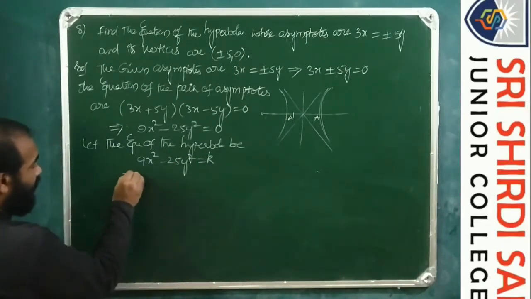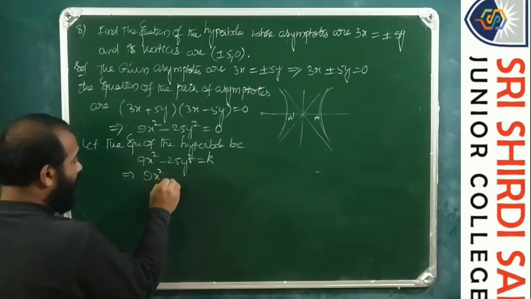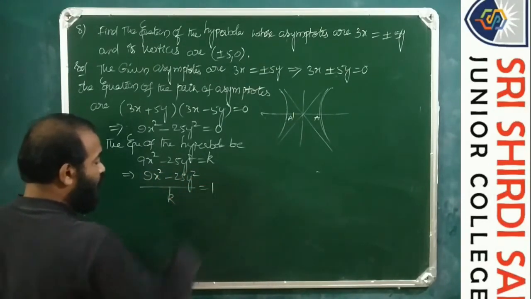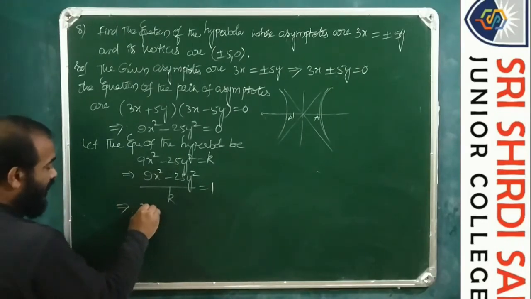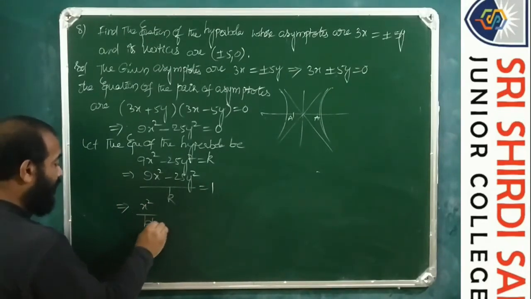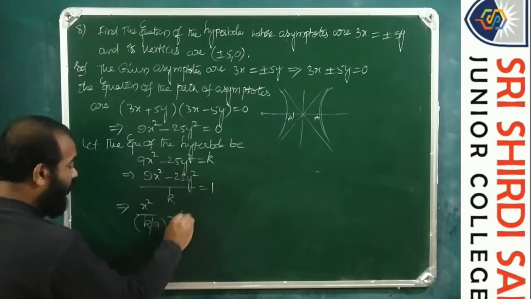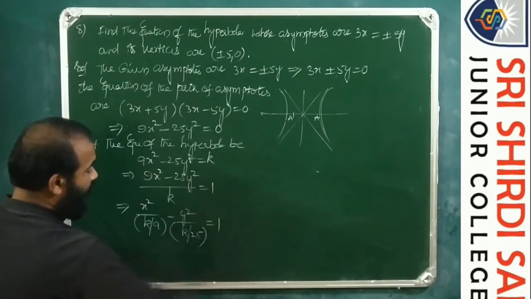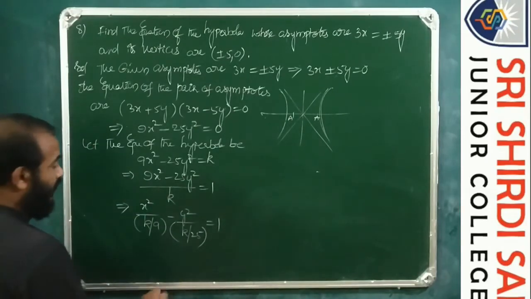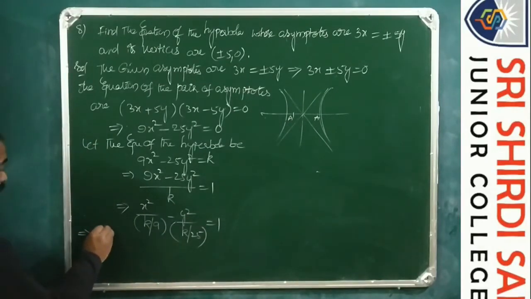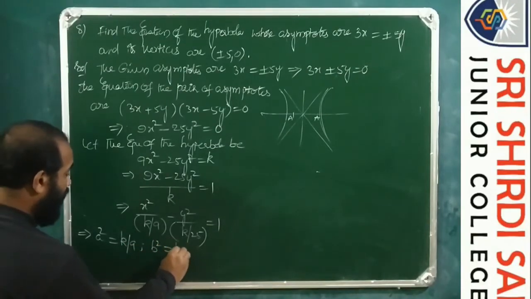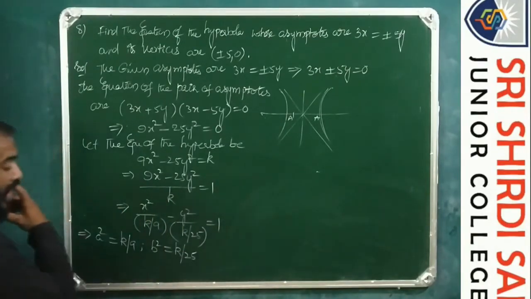So from this, (9x² - 25y²)/k = 1. So this is x²/(k/9) - y²/(k/25) = 1. So here a² = k/9, b² = k/25.